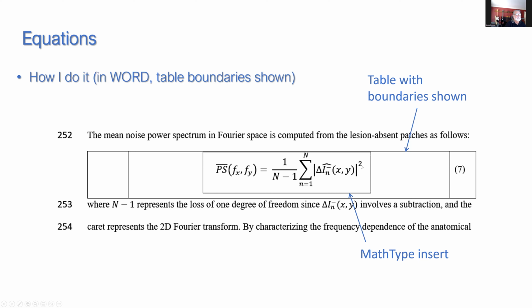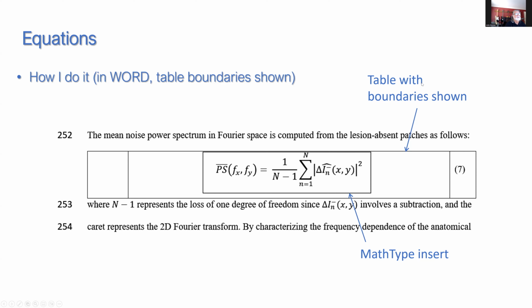So I create a table that has 3 columns on it, and you can see the first column, the middle column, and the last column. In the last column, I put the equation number, and in the middle column, I put the equation itself. The first column is there to allow you to adjust the left and right location of the equation when it's finally done.